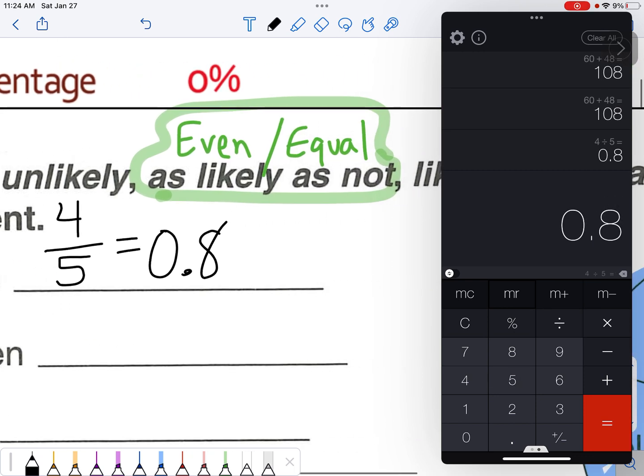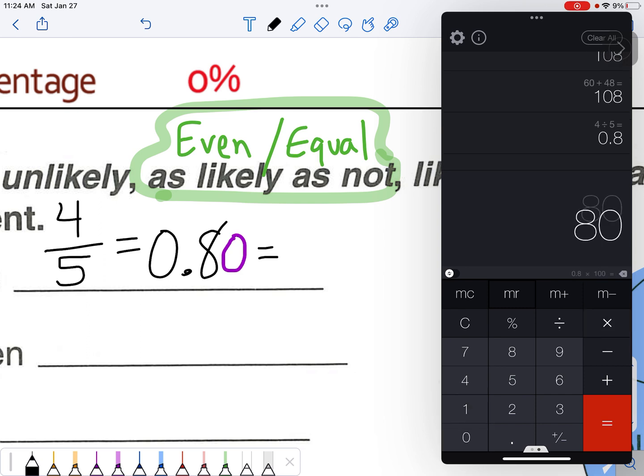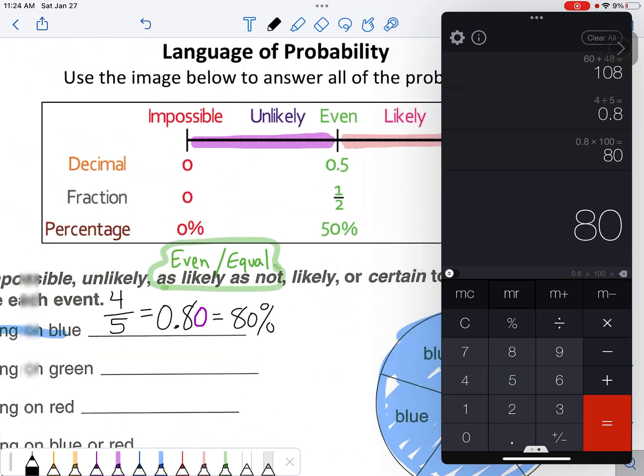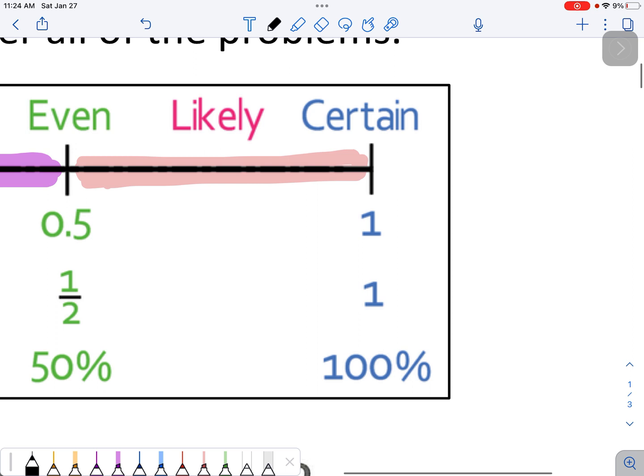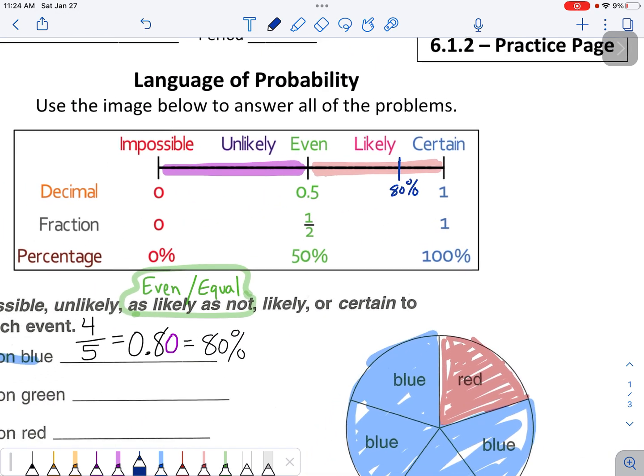And remembering that if I want to take a decimal and make it be a percent, it's helpful to put in the extra 0, or you can just multiply by 100. You'll end up getting the same thing. So that's 80%. So if it's 80%, looking up here on my graph, 80% would go right about here. Right, so that would be 80%, which means the word that I would want would be likely.